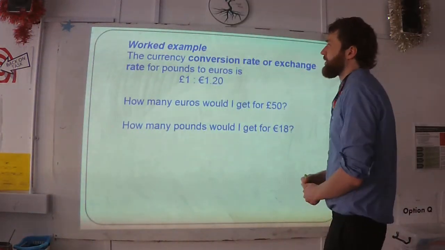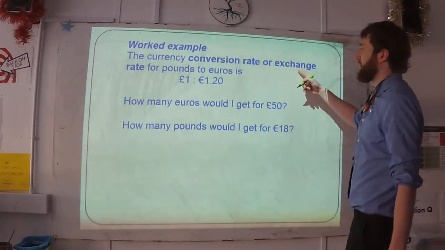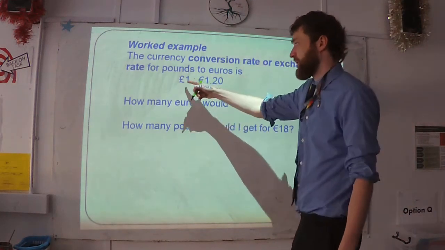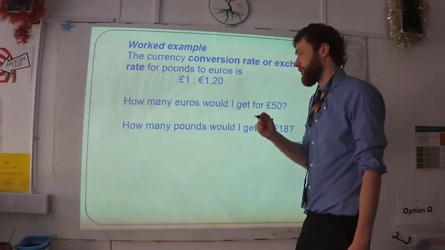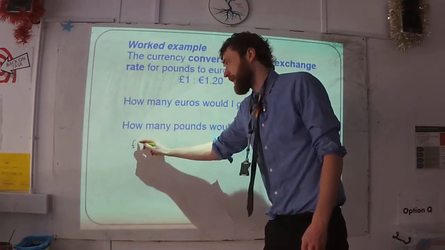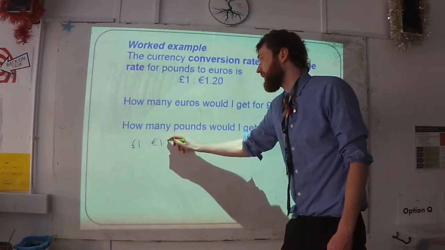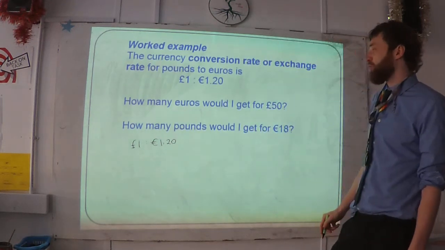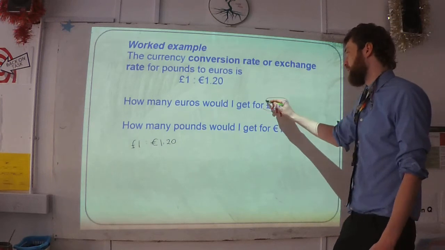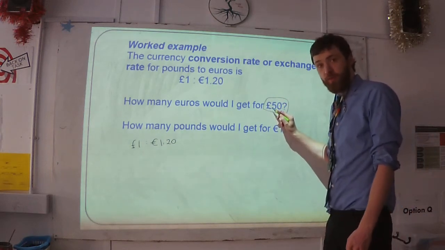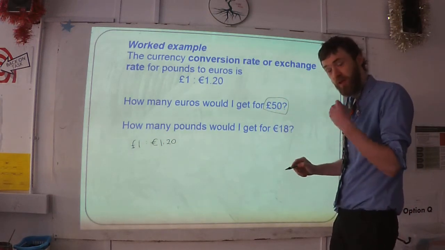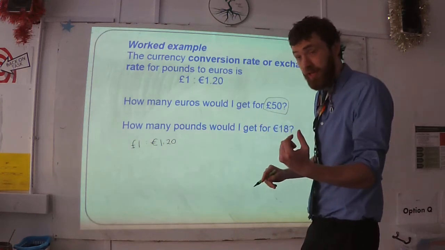Okay, so the currency conversion, our rate of exchange for pounds to euros is £1 to €1.20. So I'm going to go £1 here and €1.20 here. How many euros would you get for £50? Because they give you the £50, you put the £50 underneath the pound section.